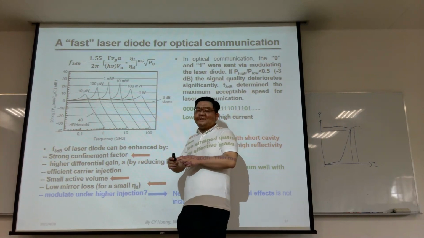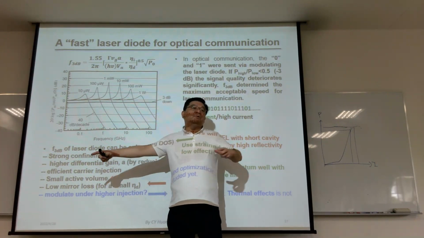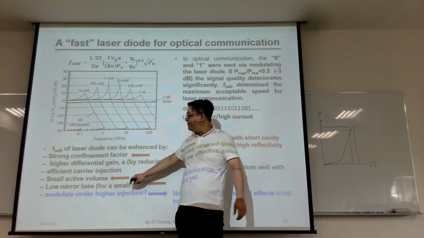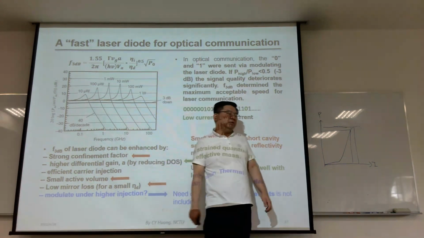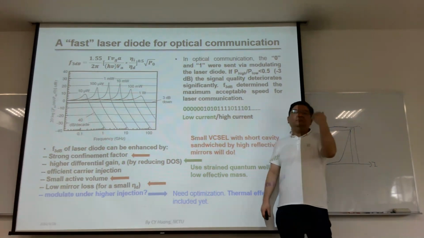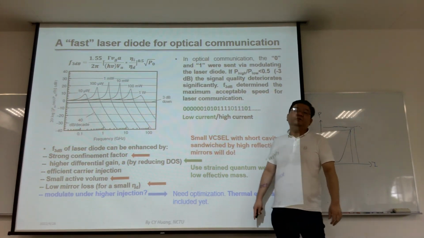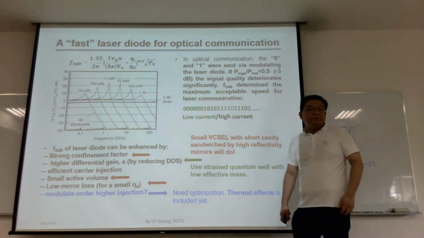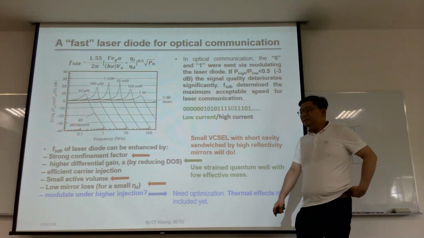The edge emitter, because its cavity is a few hundred microns long, naturally has a much larger active volume than the VCSEL. So for short distance, rack-to-rack communication, it is always VCSEL. Few people really try to use edge emitting lasers.